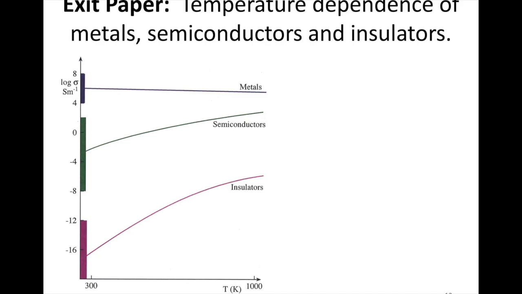Those lattice scattering points we have, and we're going to talk about them more in a second, cause the mobility to go down. So basically, interference with the lattice at higher temperatures causes the mobility to go down. Even though it looks flat, keep in mind we're looking at a log scale, so we have a minor decrease in conductivity.